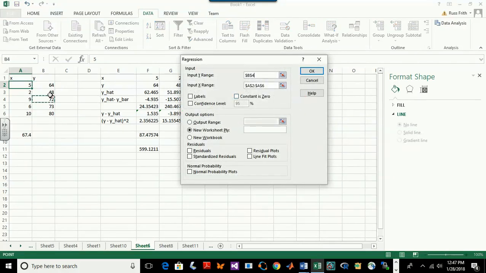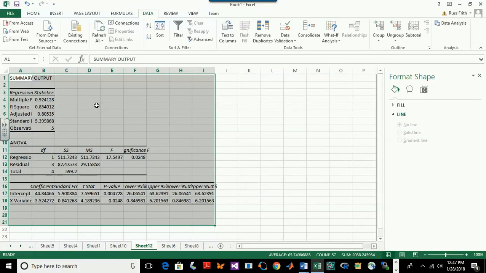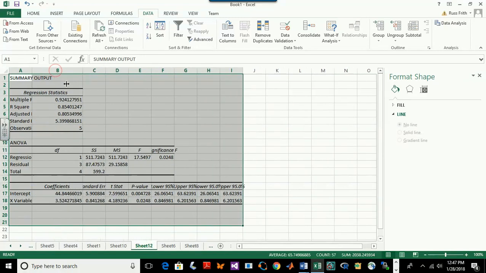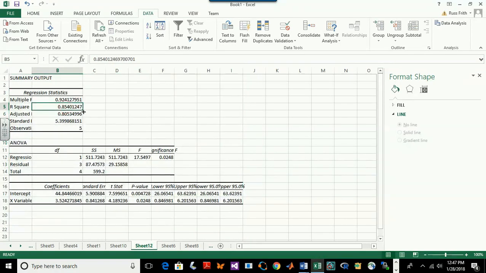Okay, and so our y range is this, and our x range is this. Okay. All right, so the r squared value here is 85.4. Okay, and so this is your coefficient of determination, this value right there. And it basically says that 85.4% of the total variation in test score can be explained by hours of preparation, and the other 14.6% cannot be explained by hours of preparation.